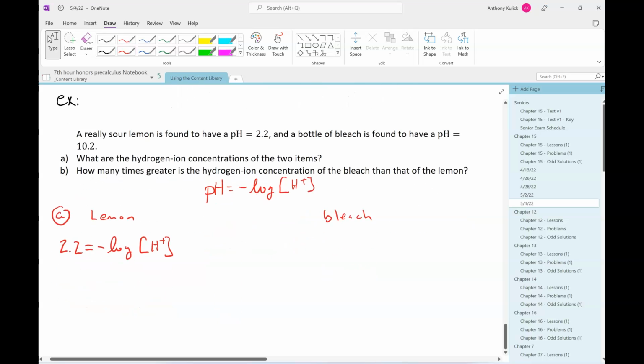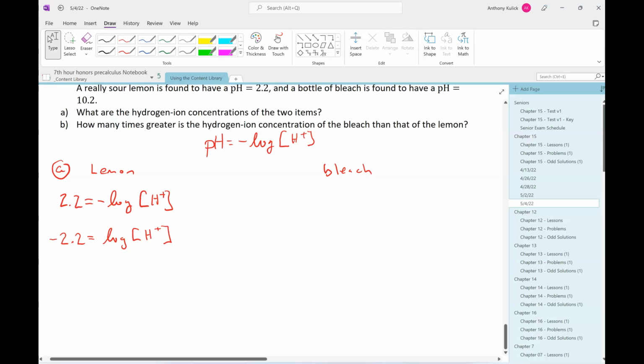To solve this equation for the concentration of hydrogen ion, what's the first thing I'd want to do? I need to do something before I do that. Yes, Lily. Move the negative 1. Yeah, so I just need to either multiply both sides by a negative or divide both sides by a negative, so the coefficient on my logarithm is 1.